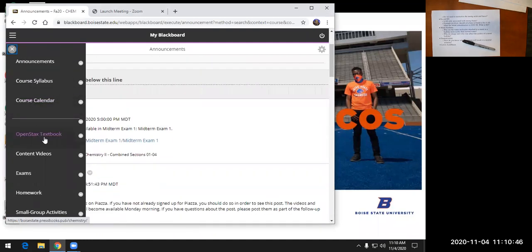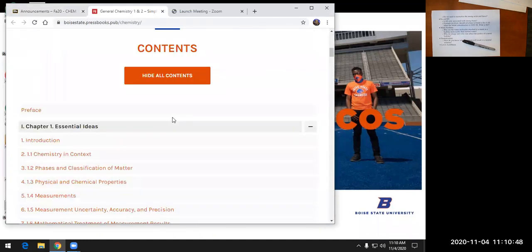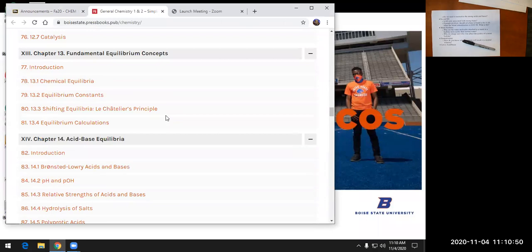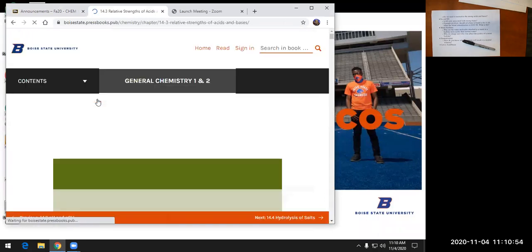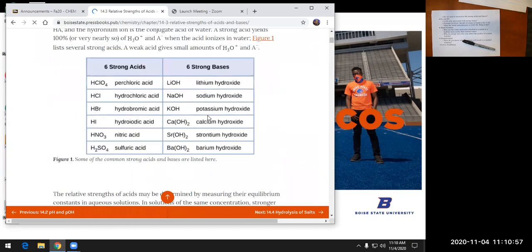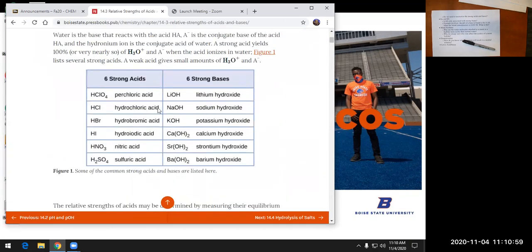So if we go to the textbook, come down to acids and bases, relative strengths of acids and bases. So here we go. This chart right here lists the 6 common strong acids and the 6 common strong bases.